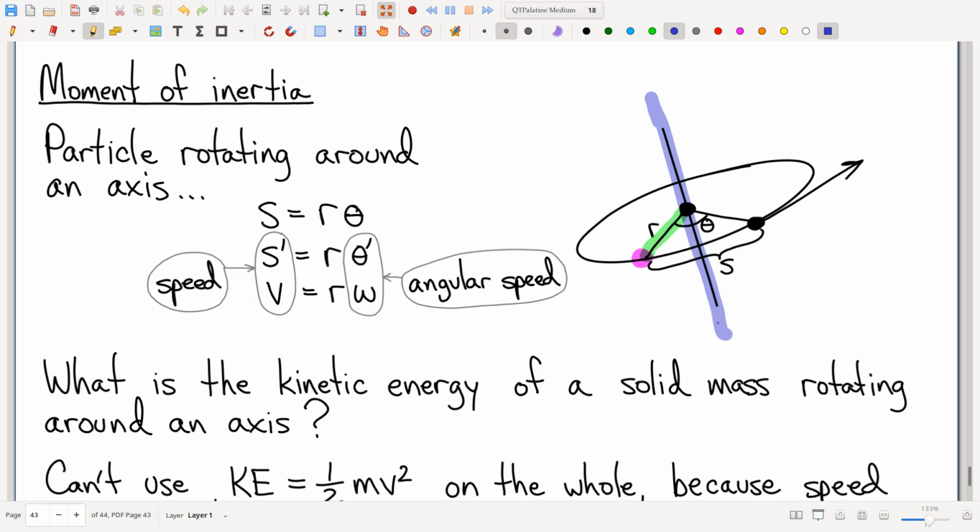By the way, if you are interested in mechanical engineering, and if you're interested in designing a car and maximizing fuel efficiency, and you want to think about how much energy it takes to get the car rolling, well, there's the question of the linear kinetic energy, and there's also the question of the wheels.